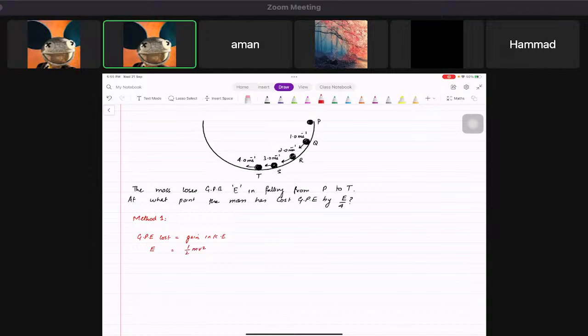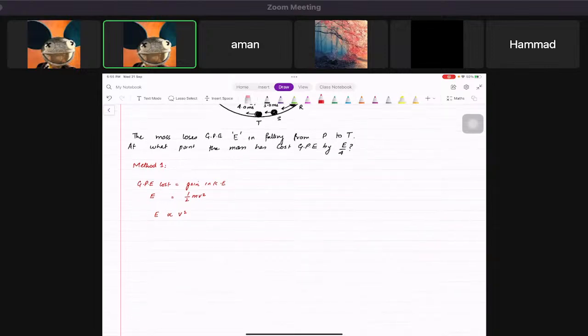Now the mass and half stay the same. So E is directly proportional to v square. Whenever the proportionality sign comes, you can basically change it to a formula. So energy 1 over energy 2 is equal to v1 square over v2 square. So basically you can relate them directly like this, okay?